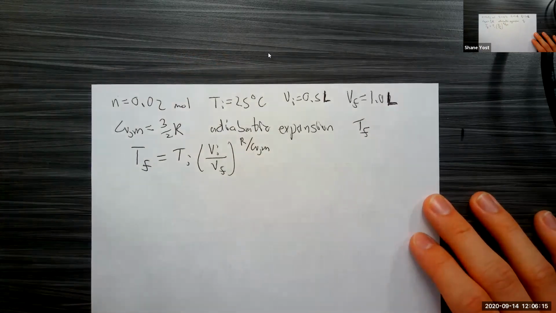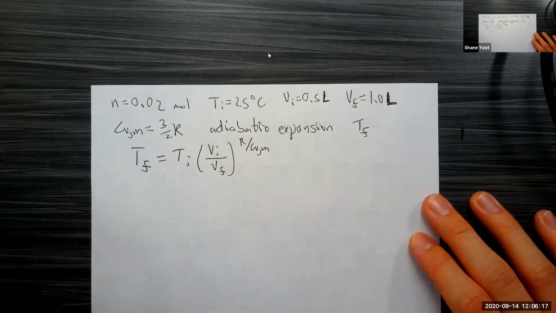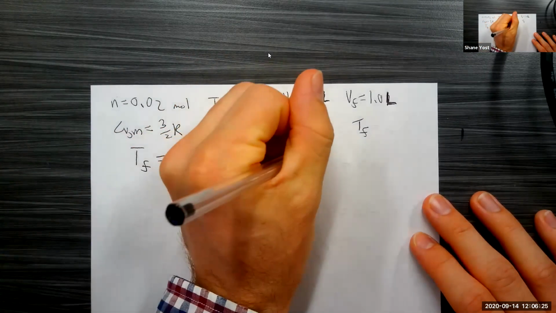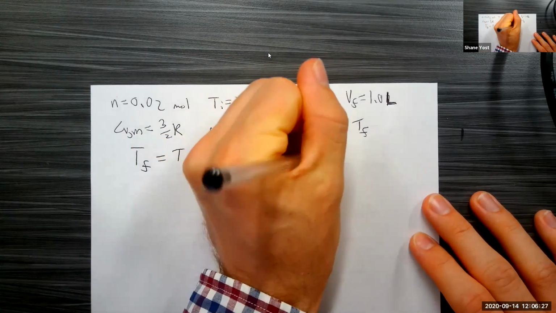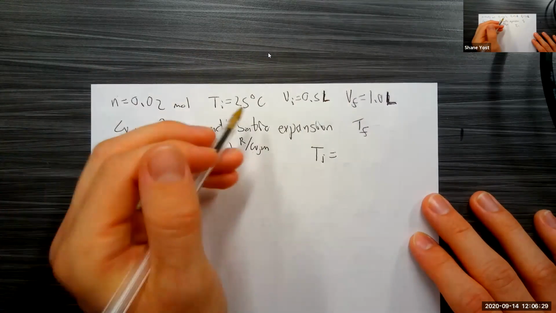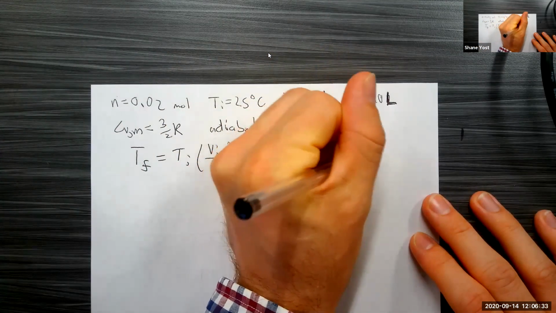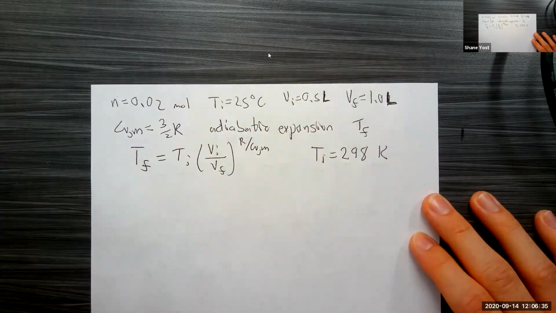Now note here, the temperature is given in Celsius. We do not want to use Celsius, we want to use Kelvin. Use Celsius and you will get a very, very different answer. So the initial temperature in Kelvin is 25 degrees Celsius plus 273, so 298 Kelvin.